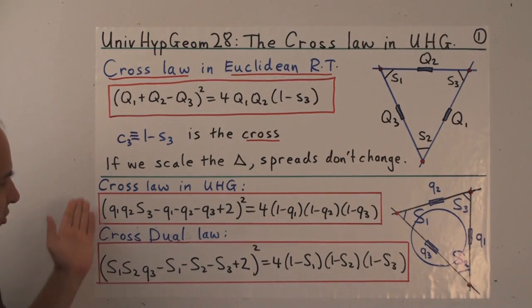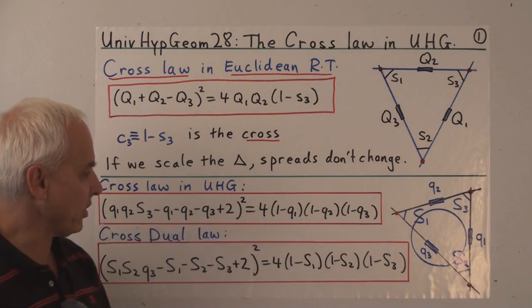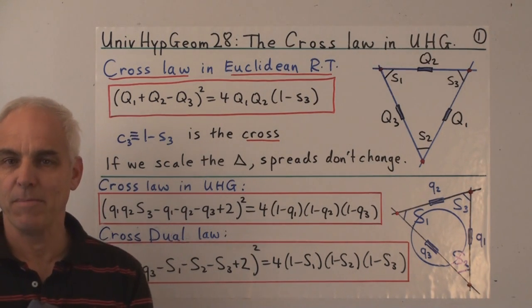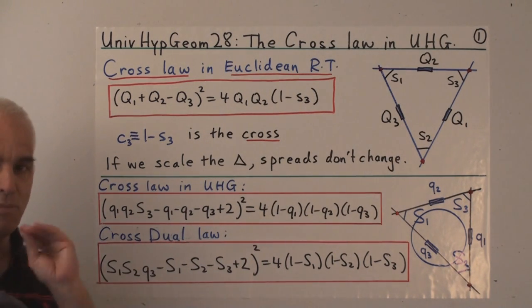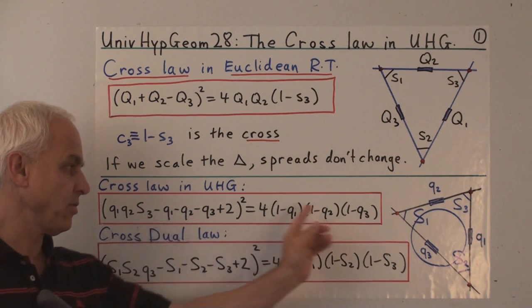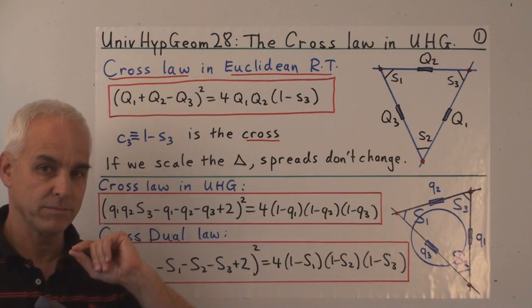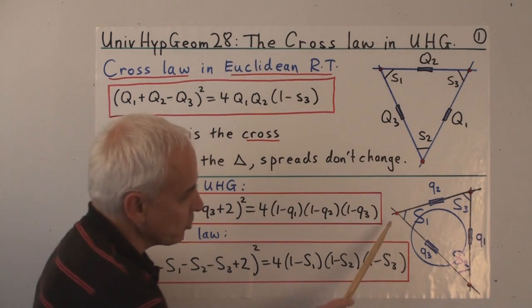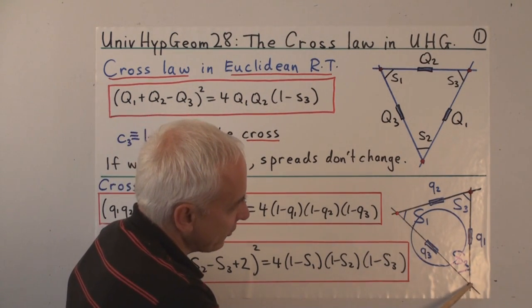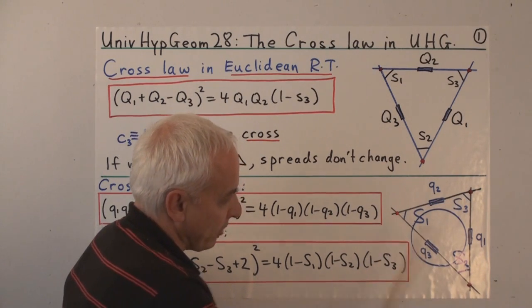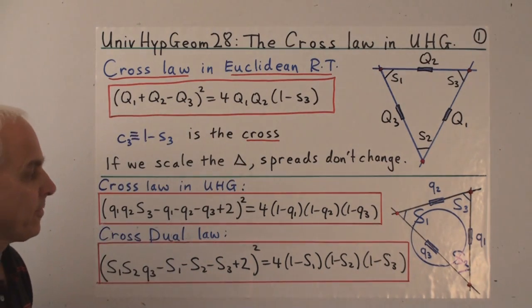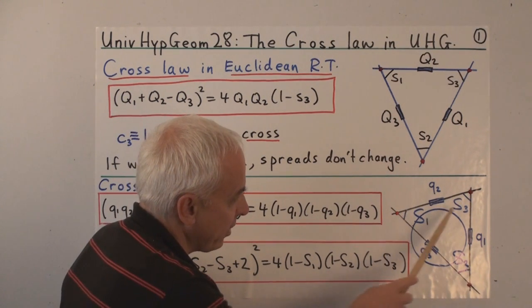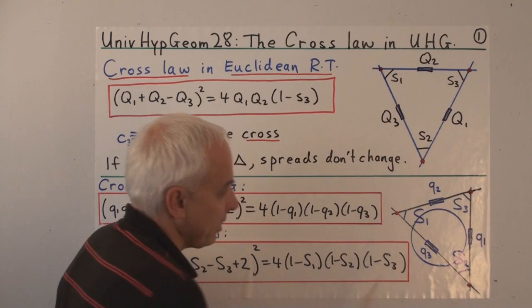All right, now let's have a look at the cross law in universal hyperbolic geometry. It's the most complicated of the four main laws, but it's still very important. So you need to remember this formula. What is it? Well, it's concerning a triangle with quadrances q1, q2, q3. These are hyperbolic quadrances, and hyperbolic spreads between the lines, S1 here, S2 here, and S3 here.